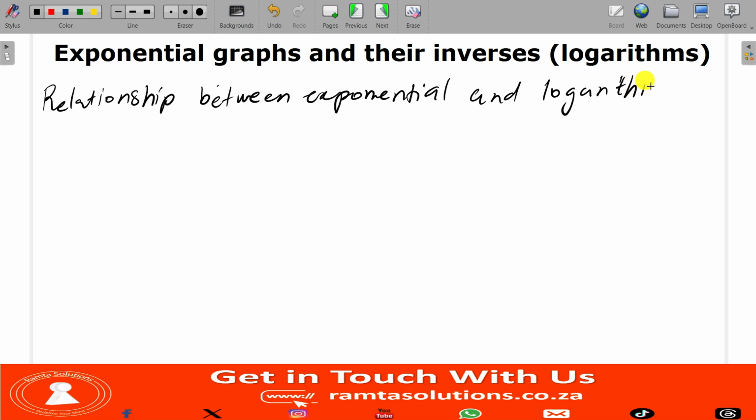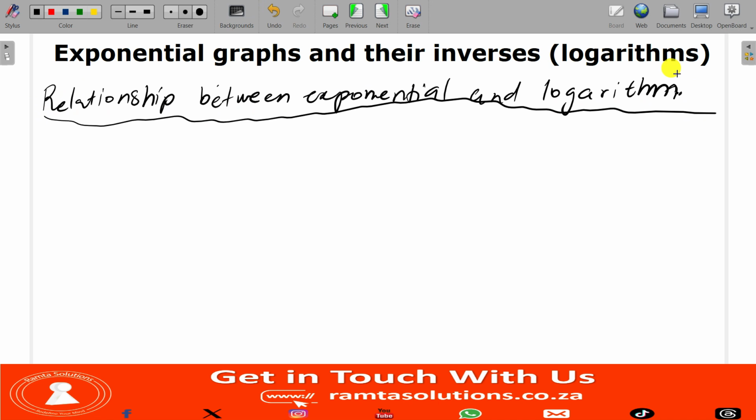Okay, so I'm going to paste that graph that we had there.